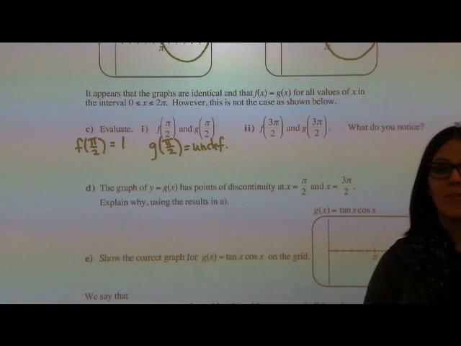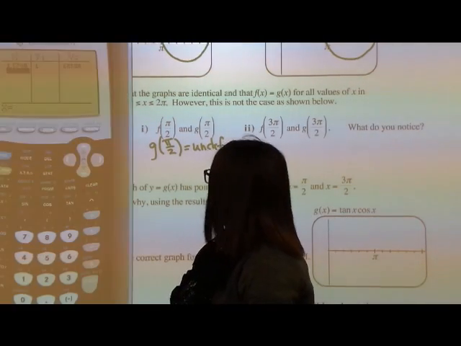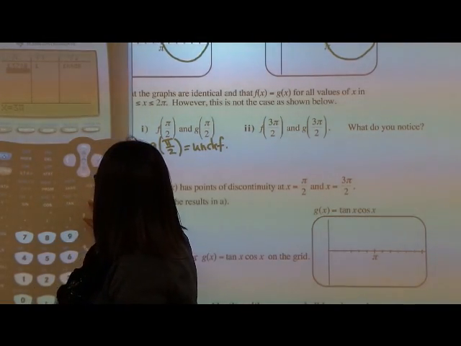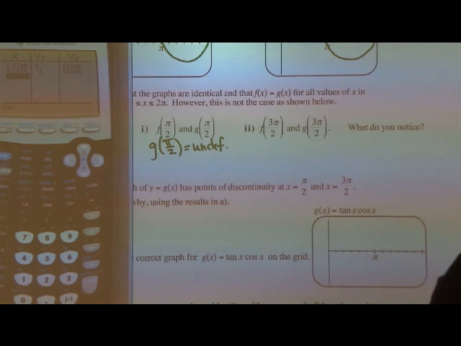So let's try the same thing at 3 pi over 2. If I type in 3 pi over 2, I get that the function f is equal to, and g is equal to undefined again.